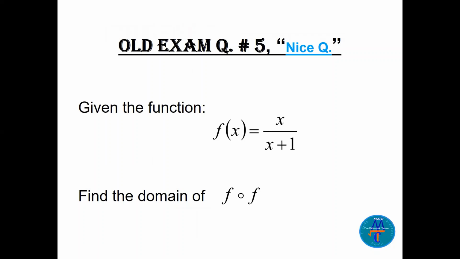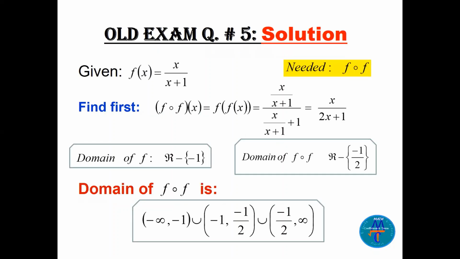This one is a normal, nice question. Given the function f of x equals x over x plus 1, we need the domain of f circle f. Usually we find the domain of f circle g or g circle f, but we need f circle f. Now, the idea for the domain here is to find the function f circle f.